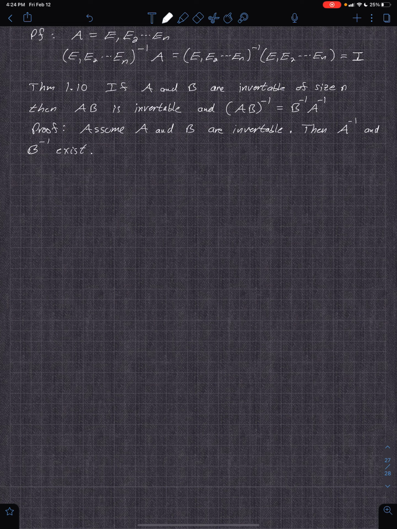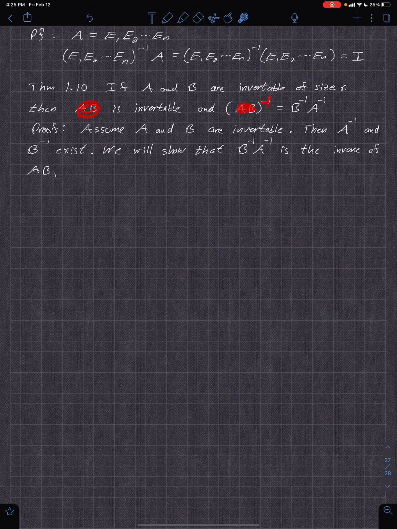That's the definition of invertibility, that those exist, and then the product is I. We will show that B inverse A inverse is the inverse of AB, and therefore equal to AB inverse, because whatever is here inverse by definition is the inverse of that.